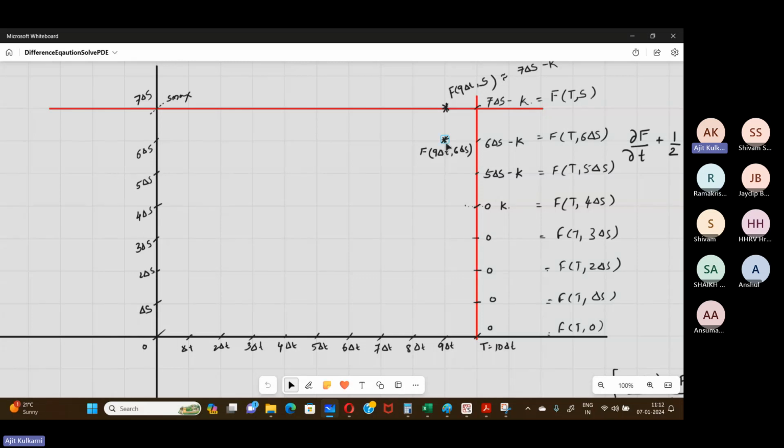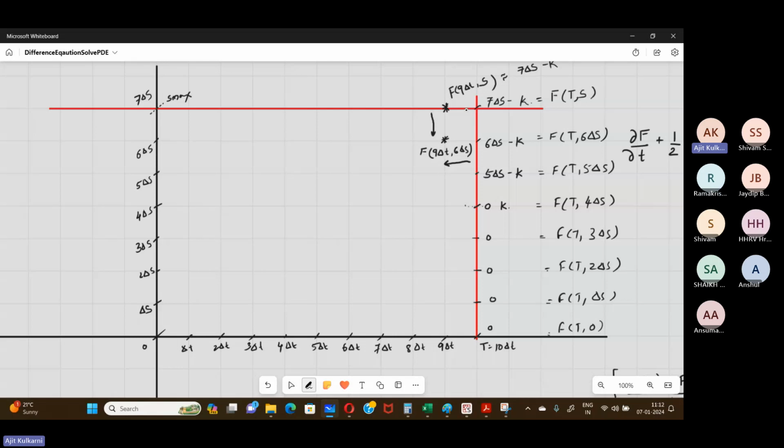Now, how do you come at one point below in space and one point below in time? If you get here using this point, this point, this point, and this point, it means you know how to come back to this point, because you have a recursive relation. So you can reach this point by going one step back from here, and anything else if required.